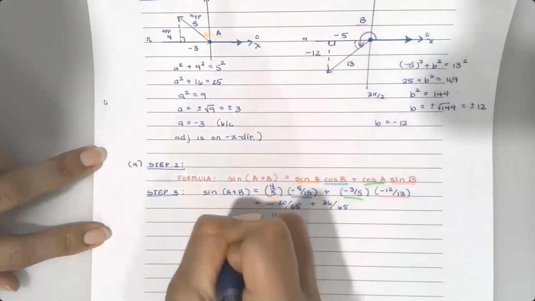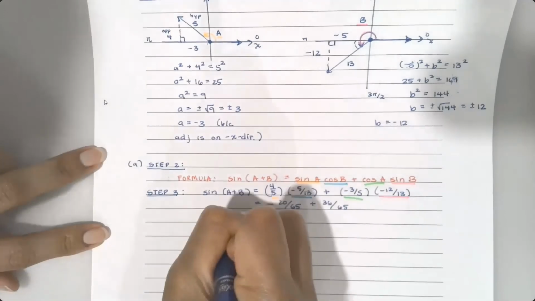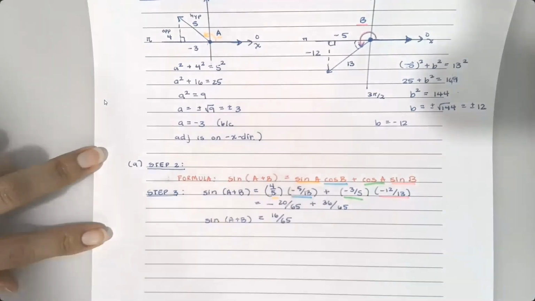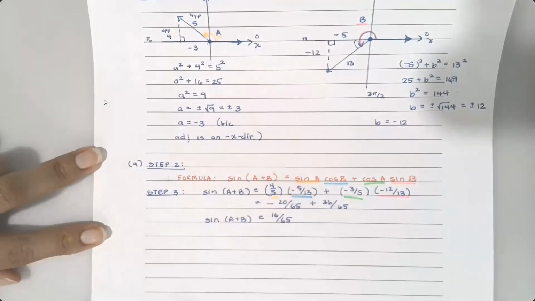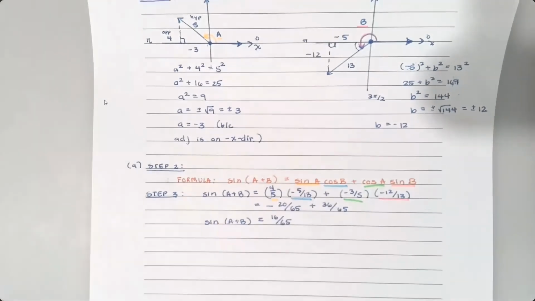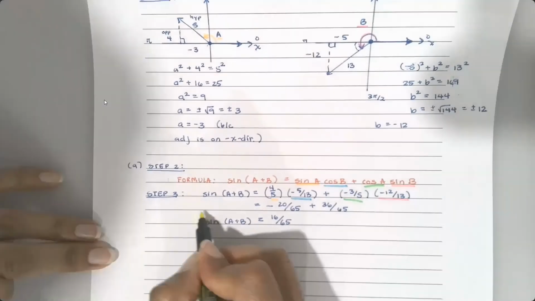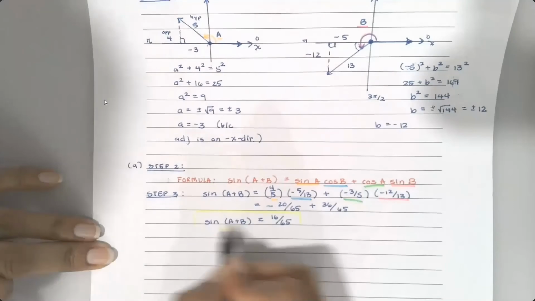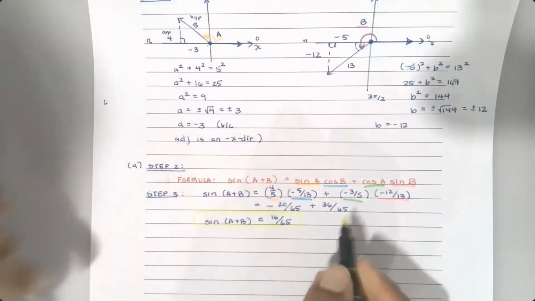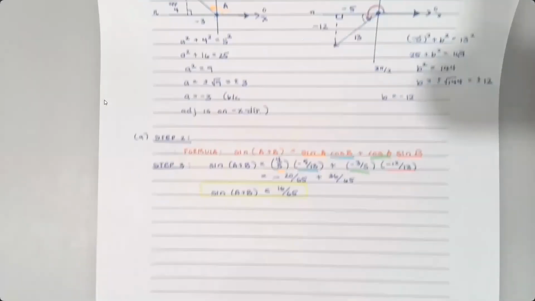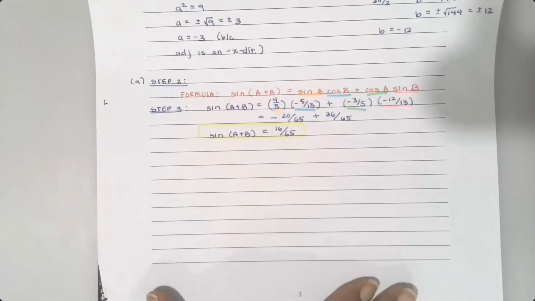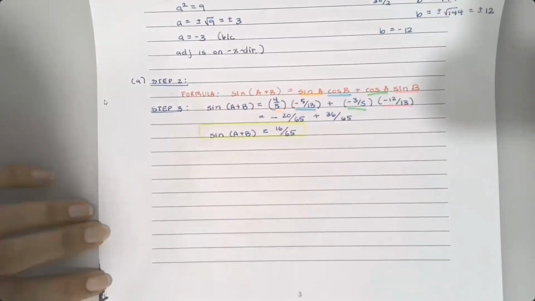And so we have sine of A plus B is going to be 16/65. Is that okay? Any questions there?